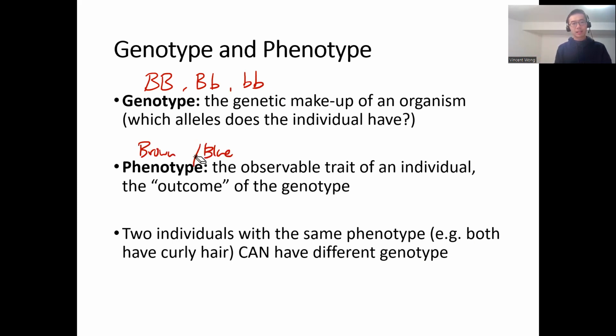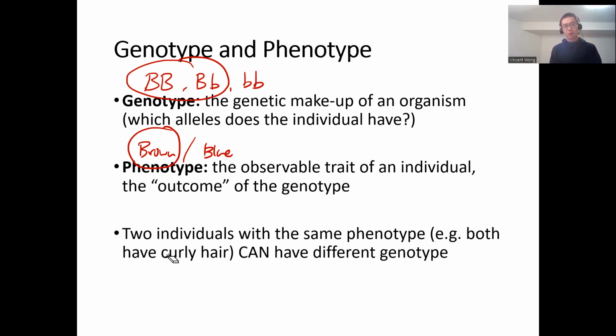That's the phenotype. So as you saw, two people with the same phenotype can have different genotypes. Two people who have brown eyes, one could be homozygous and the other could be heterozygous. You just don't know.